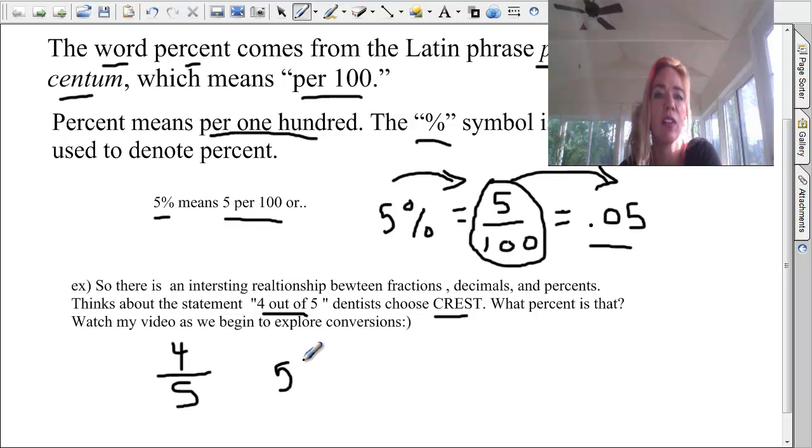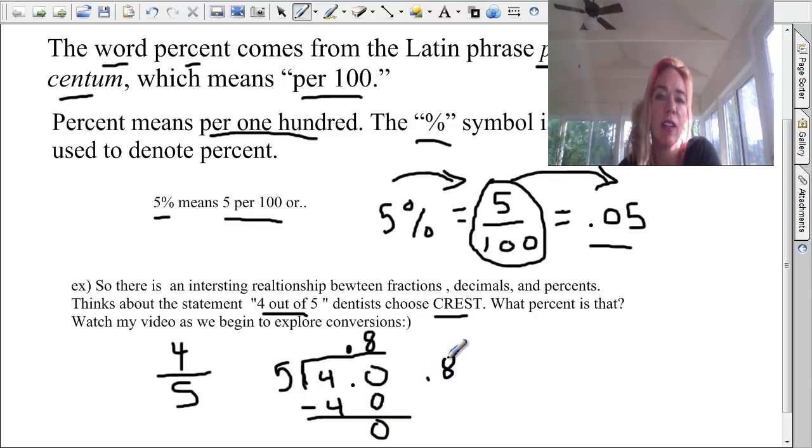So we know that we can divide the denominator into the numerator. And so 5 goes into 40 8 times. Draw the line and subtract. And voila, you have 0.8. So 0.8, or you could even say 0.80. 0.80 is your decimal equivalent to 4 out of 5.